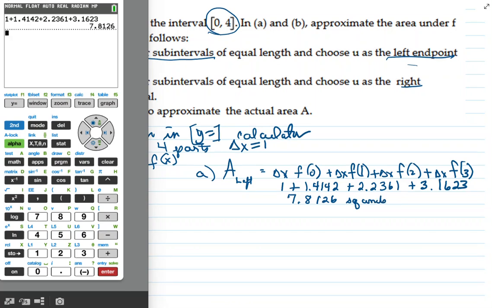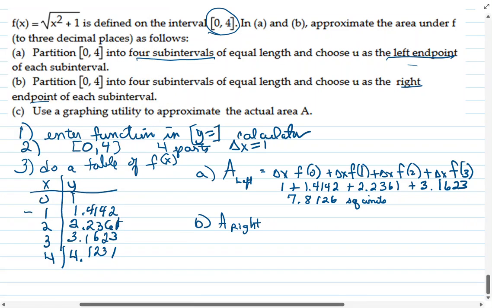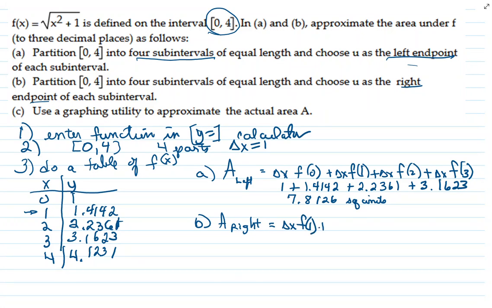All right, thereabouts. Now remember, my vision is bad, so some on the smallness of this calculator. The area of the right endpoints is going to be starting here. So I'm going to have delta x f of 1 plus delta x f of 2 plus delta x f of 3 plus delta x f of 4.